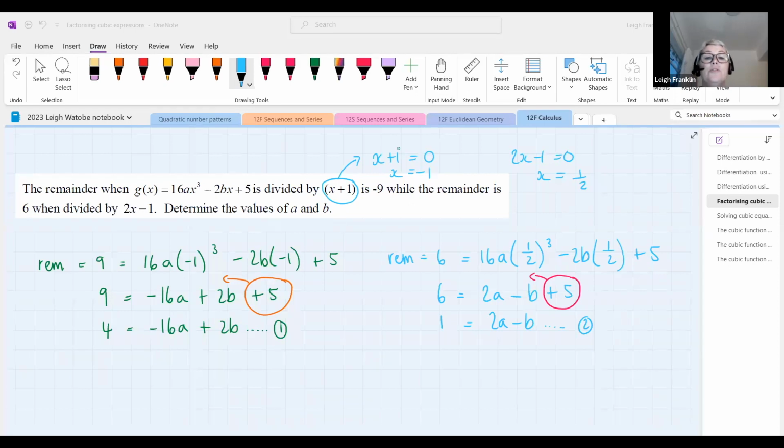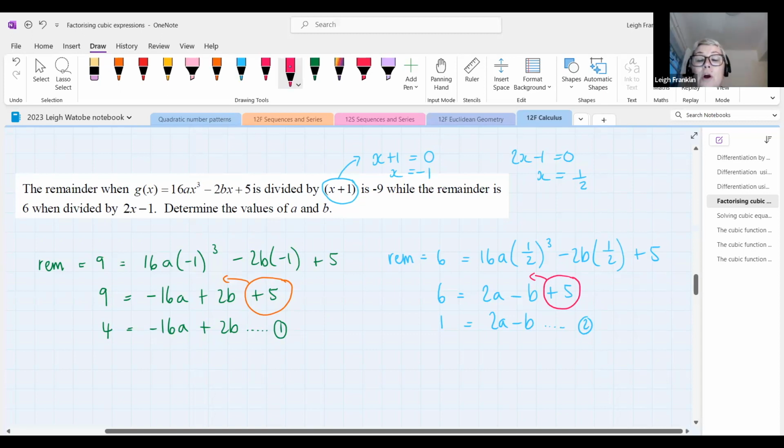Now that we have got to this point, we want to solve these two equations simultaneously. It's up to you whether you want to solve by substitution or by elimination. Probably substitution is the easiest. Leanne, that's exactly what we're going to do, make B the subject of the formula.